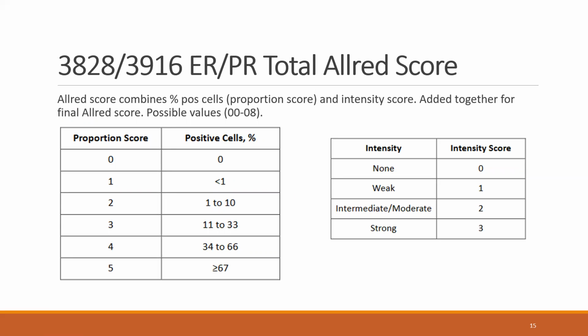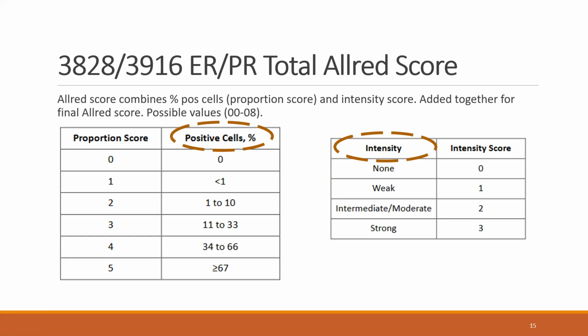So here's the tables that you need to calculate the all-red score. And like I said, you need the percent positive cells, and then you need the intensity. So as you look at this, these are the kinds of things that you need to text off of your ER and PR report.